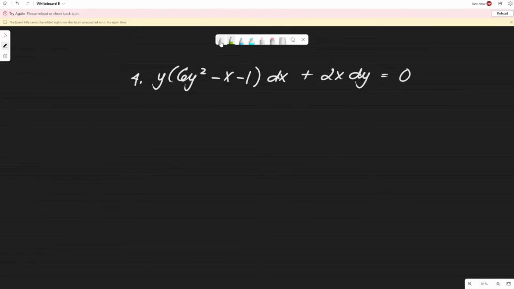So we have 2x dy plus 6y cubed minus y times x plus 1 dx is equal to 0.